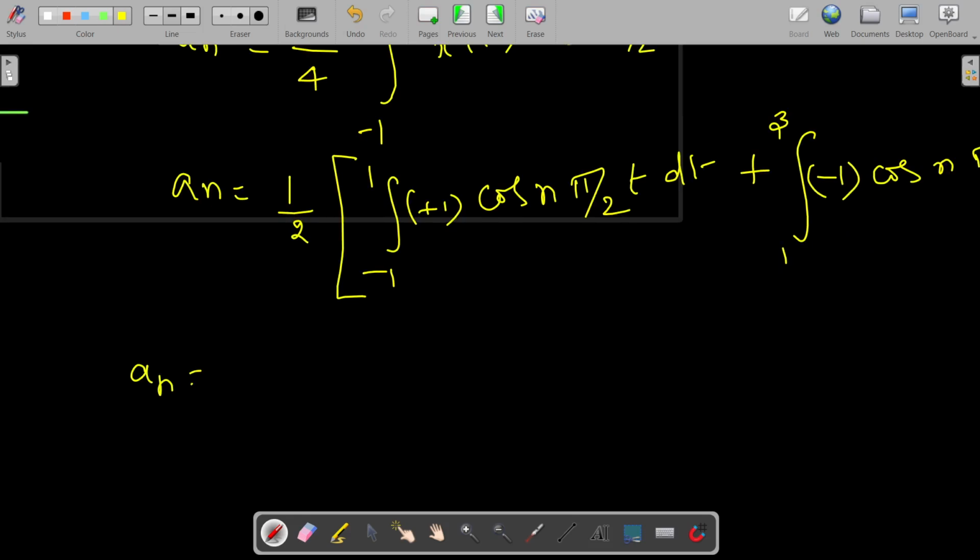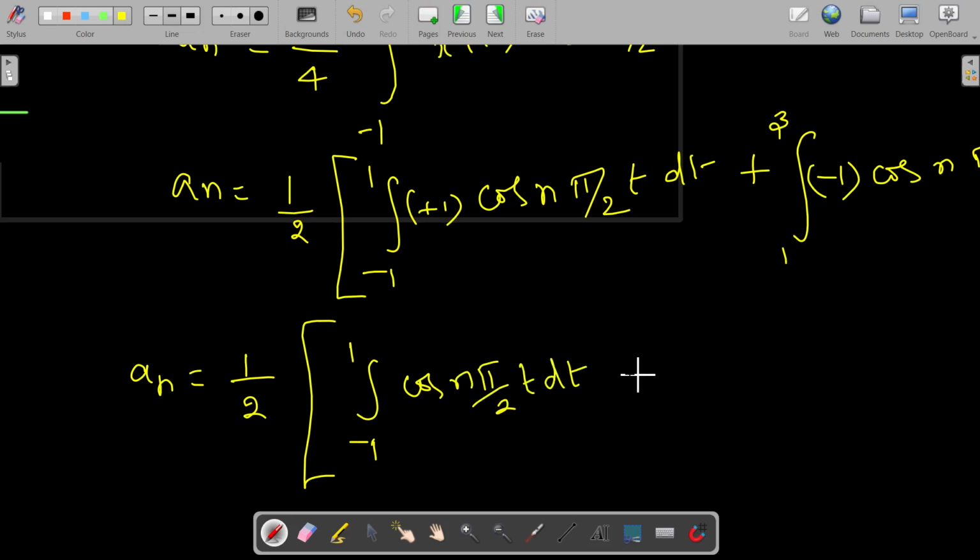So this can be rewritten as An is equal to 1 by 2 integral -1 to +1 cos n pi by 2 t into dt plus integral 1 to 3. So that minus 1 comes, so that you can change this sign as minus. Okay, we are taking it outside with the cos n pi by 2 t into dt.